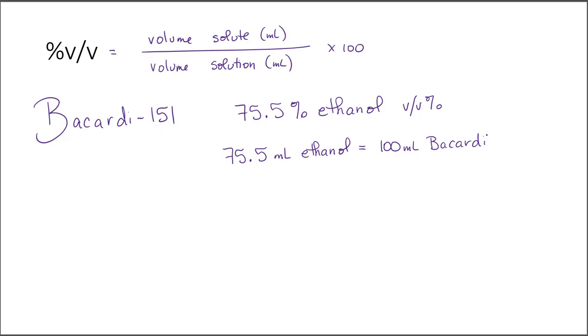If it was, everything would taste the same because ethanol would just be what it tastes like. But of course, all of these different alcohols have all kinds of other stuff in them to give them their own unique flavor. So in this Bacardi 151, it's 75.5 milliliters of ethanol out of every 100 milliliters of the Bacardi. So that is a volume percent.